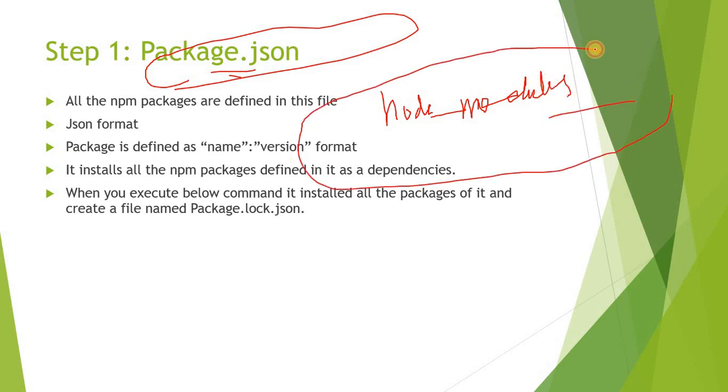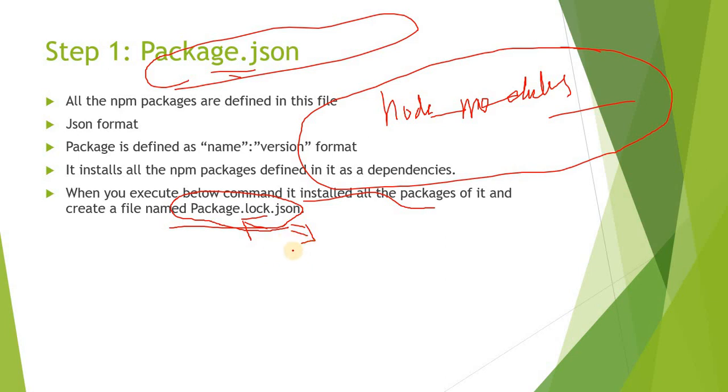In this folder, it downloads all your dependencies and installs their sub-dependencies as well, and it creates a new file, package-lock.json, in which it writes all the installed packages as well as their dependent packages. It will always be created whenever you run the command npm install.